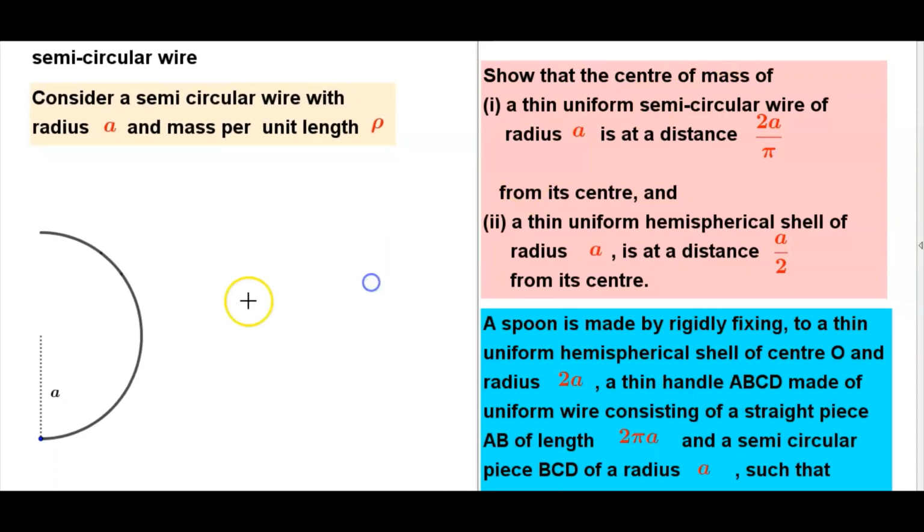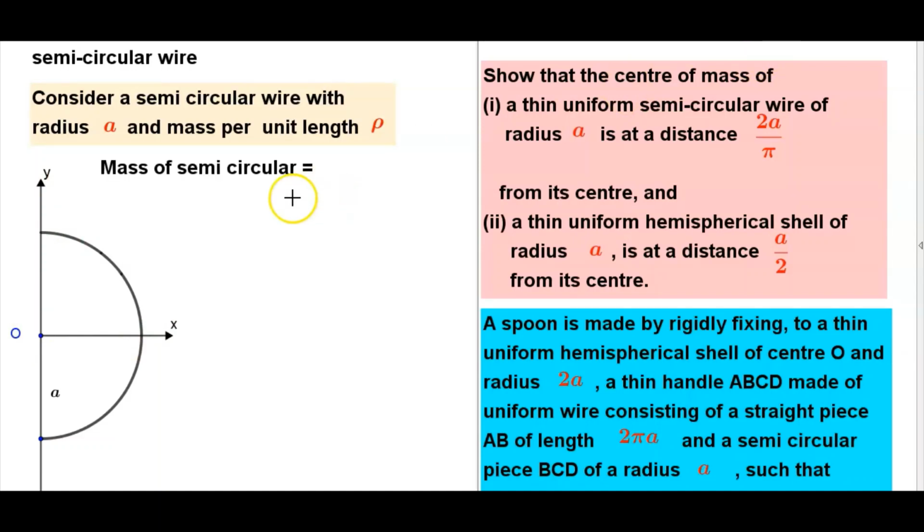Center O, this is the OX axis, this is the Y axis. The circumference of the semicircle is pi a, therefore the mass is pi a into rho.